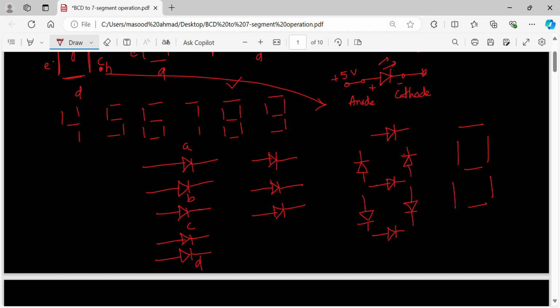One possibility is that all the anodes are connected together, and they are together connected to, say, plus 5 volts. Then it is called common anode connection.